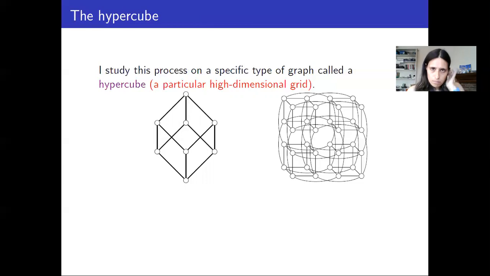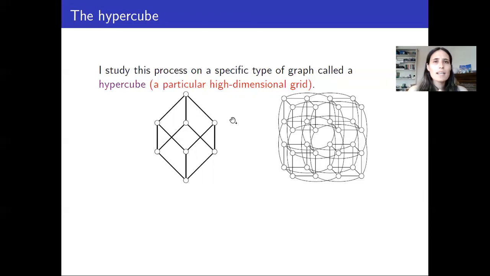So one thing in my research that I've studied is this process on a very particular type of network. In fact, the sort of network I've studied this process on is not very much like a social network at all. I've been studying this on a very structured sort of network.